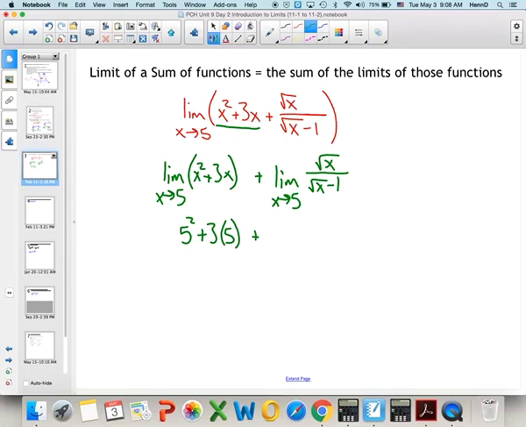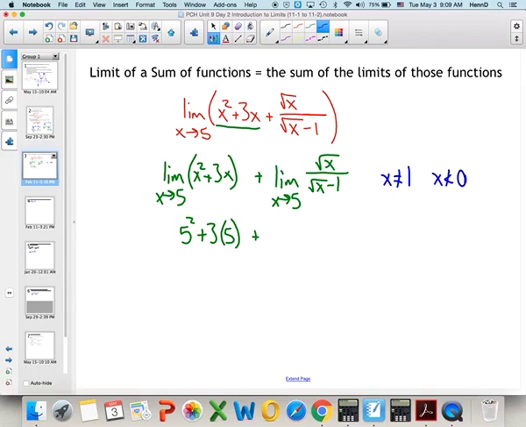X cannot be 1. What else can x not be? X cannot be something that's negative. So x has to be greater than or equal to 0, and x cannot be 1.